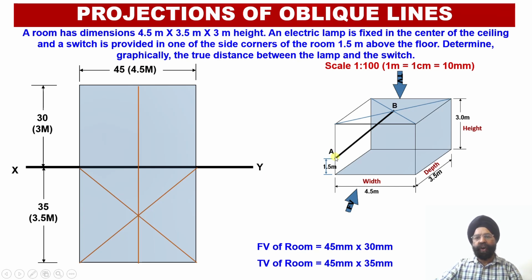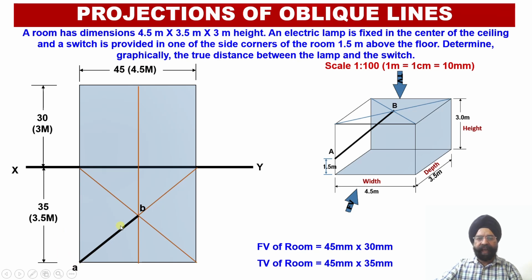Similarly, the projection corresponding to the point A, this point A will be projected in this corner. So point small a, that is the top view corresponding to this switch which is capital A, will be obtained on this corner. It means we are going to obtain point A over here and point B, which is the projection corresponding to the electric lamp, will be located centrally in the top view, whereas the projection corresponding to the point A, which is the switch located in the corner 1.5 meter above the floor, will be projected into this corner over here.